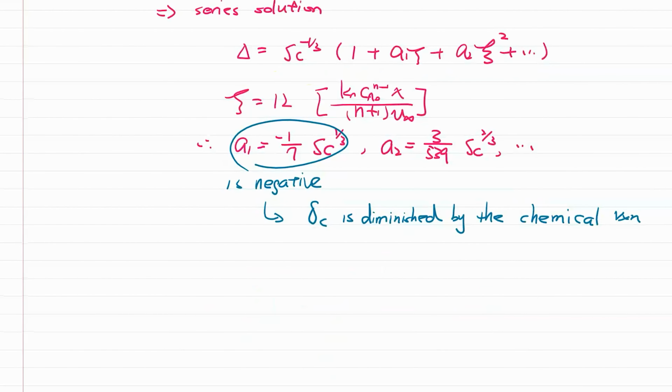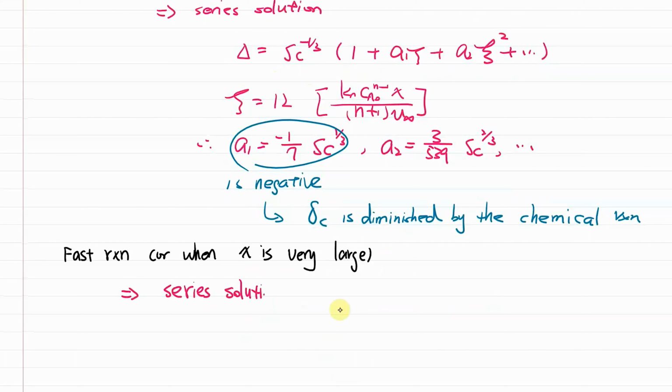And finally, for a fast reaction, or when x is very large. Not going into details, but basically it's going to be a series solution in terms of 1 over c.